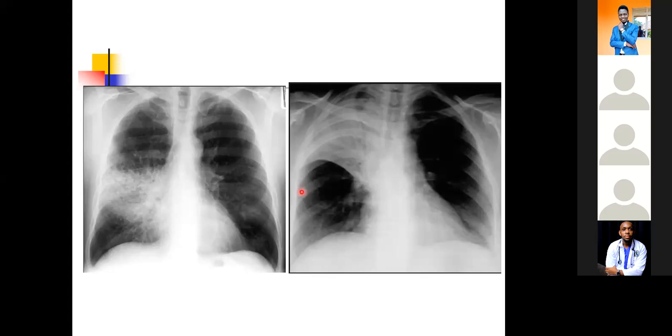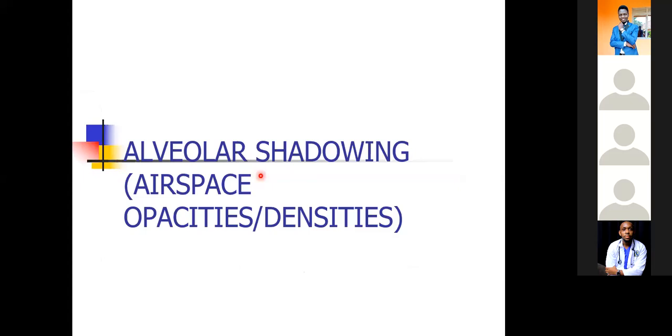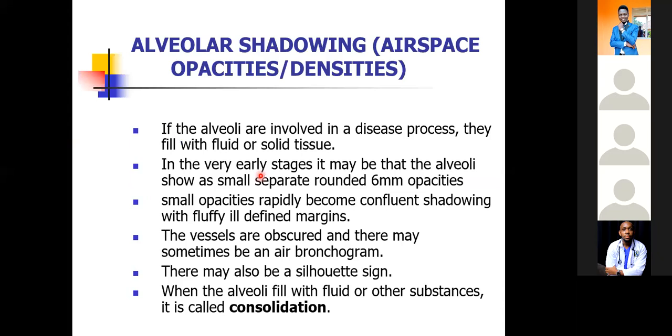So let's move on a little more and see if maybe my other explanations will suffice. So let's look at alveolar or airspace opacities. We are now just going to try to describe the whole process. If the alveoli are involved in a disease process, things like fluid or solid tissue may fill that space.